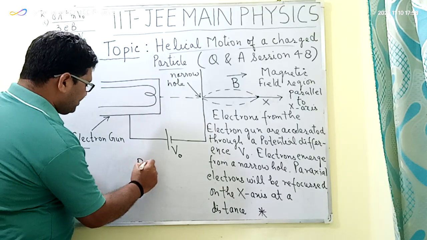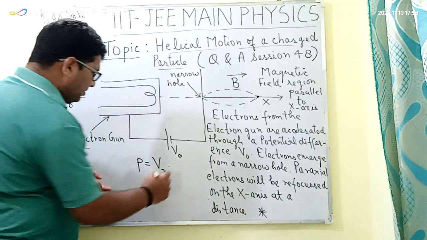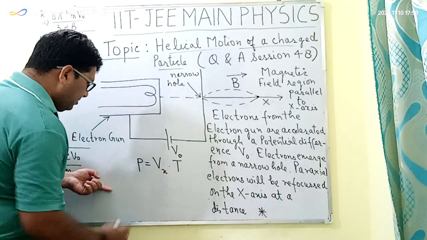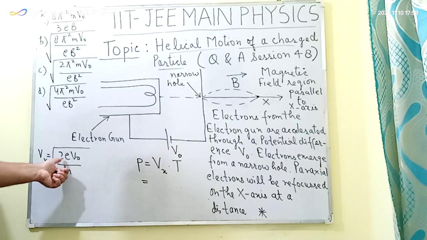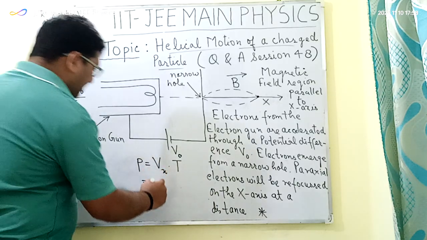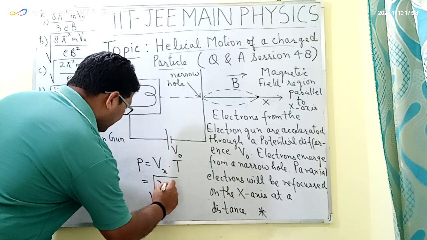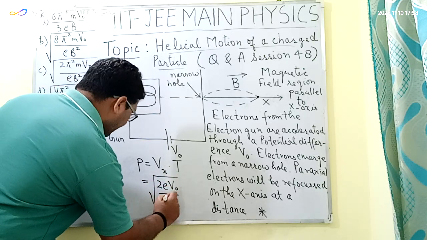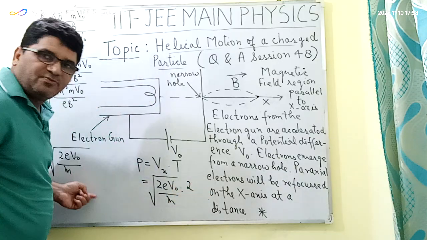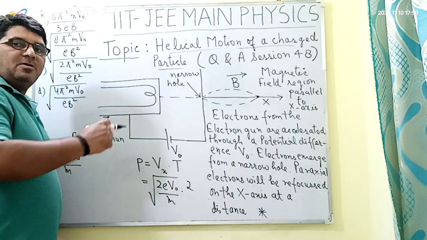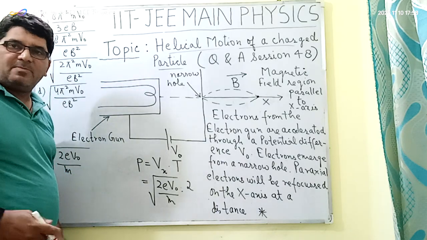Now pitch is what? This is equal to the velocity of the electron in the x direction multiplied by the time period. Vx is already calculated, which is equal to under root 2eV0 by m, and T is the time period. So pitch is equal to root 2eV0 upon m multiplied by the time period. For the time period, I will be using the standard formula for the time period of a charged particle executing a helical motion in a magnetic field region.